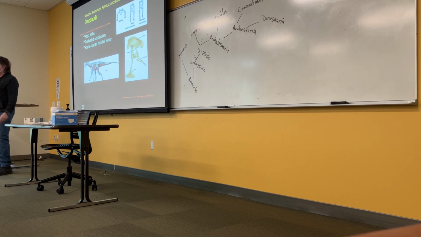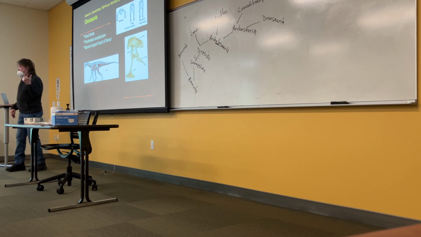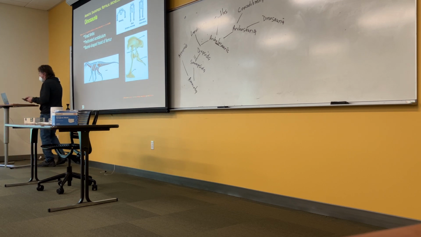So when this barrel-shaped head of the femur fits in the acetabulum, the only motion is forward and backward. Unlike us, we can move our legs to the side. Dinosaurs could not. It was straight forward and straight back, which is built for speed. The earliest dinosaurs were real fast runners.